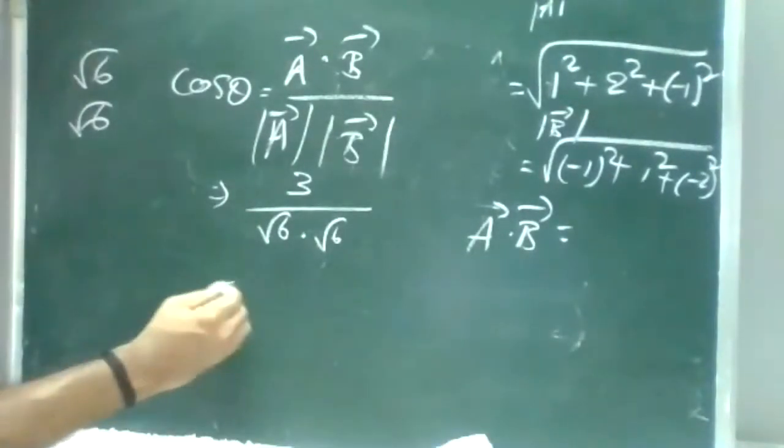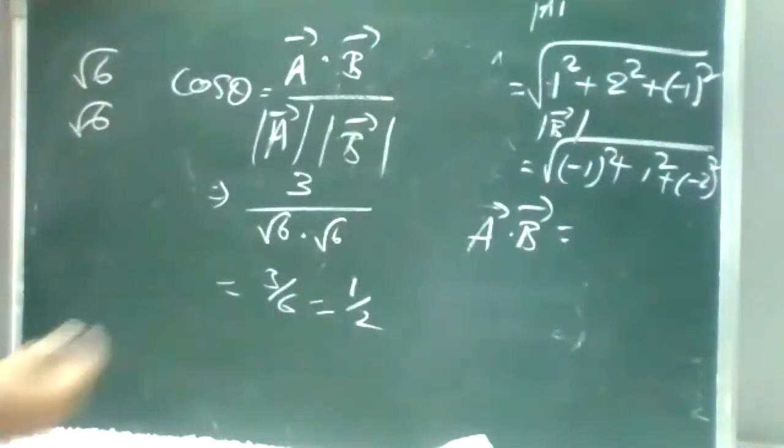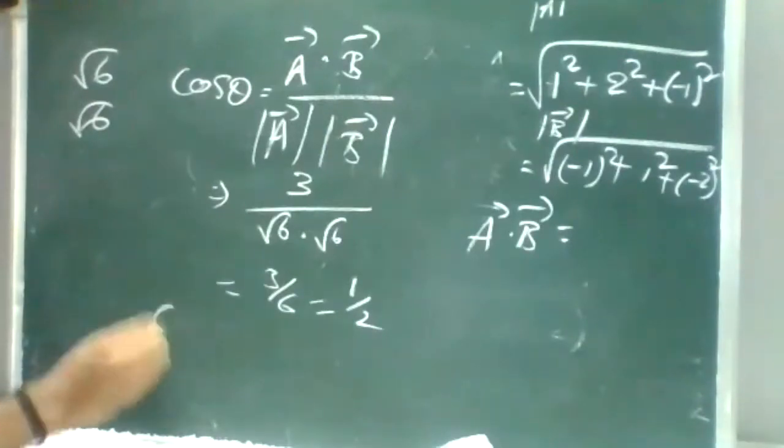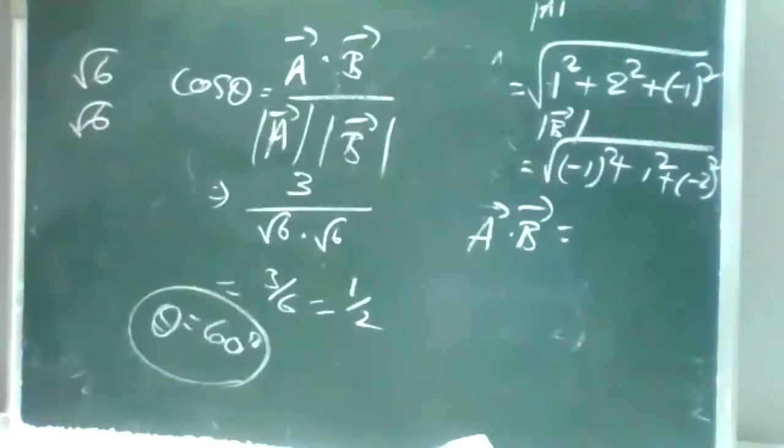So it is 3 by 6, which is 1 by 2. So cos theta is equal to 1 by 2, and cos 60 degrees is 1 by 2. So the answer is 60 degrees.